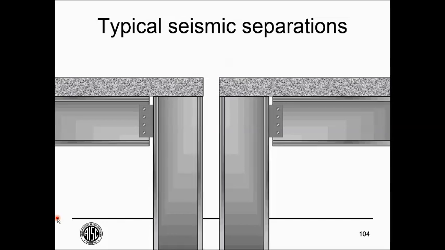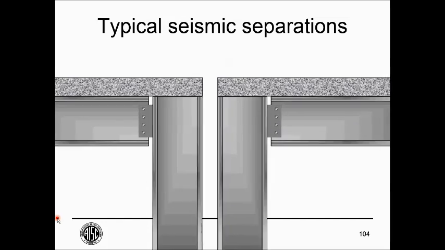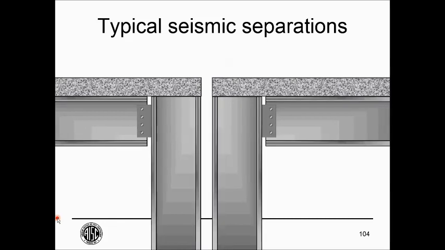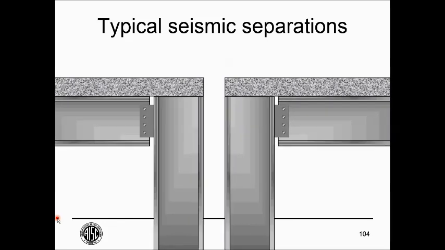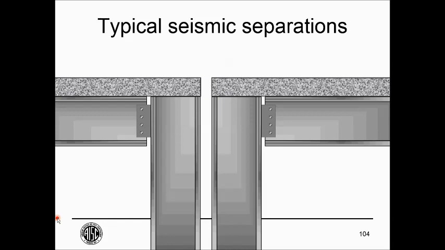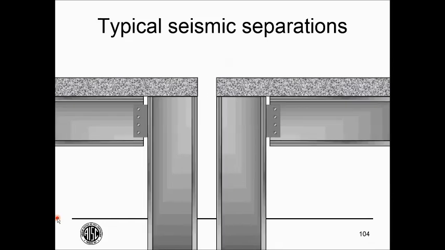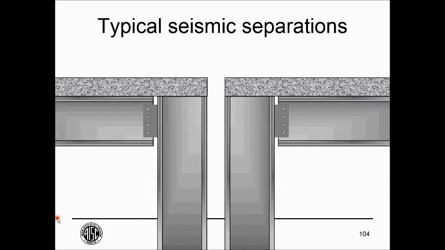So there's reason to maintain a separation there. Typically within the same building, we consider the possibility that the movement is not synchronized, not in phase, and the periods of the two portions of the structure are not the same, but they're also not completely opposite.